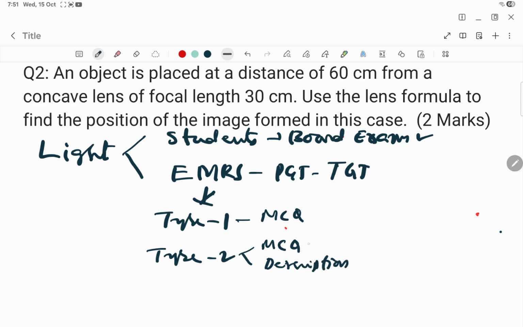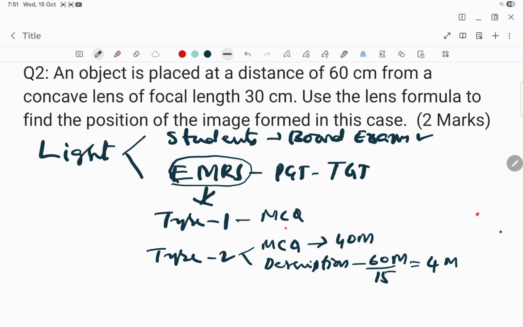MCQ are for 40 marks and description for 60 marks. In the 60 marks, 15 questions are there, each question carries 4 marks. That's why this class is very useful for EMRS 2025 applicants also.